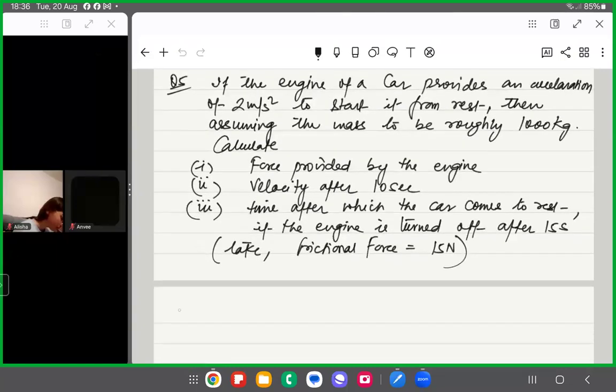Okay. So look at question number 5. If the engine of the car provides an acceleration of 2 meter per second square to start it from rest, and assuming the mass to be roughly 1000 kg, right? So what is given? First we will write it down.